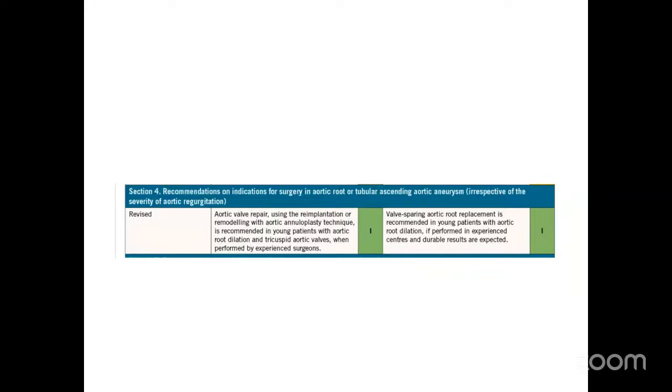This is again for the valve sparing aortic root replacement. Valve sparing root replacement is recommended in young patients with aortic root dilatation if performed in an experienced center and durable results are expected. This is a class 1 recommendation in both 2017 and 2021.